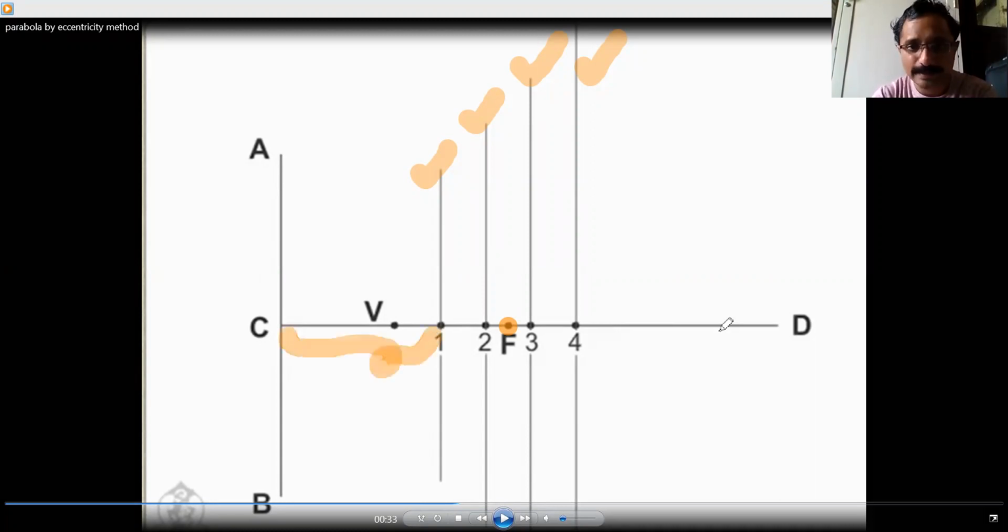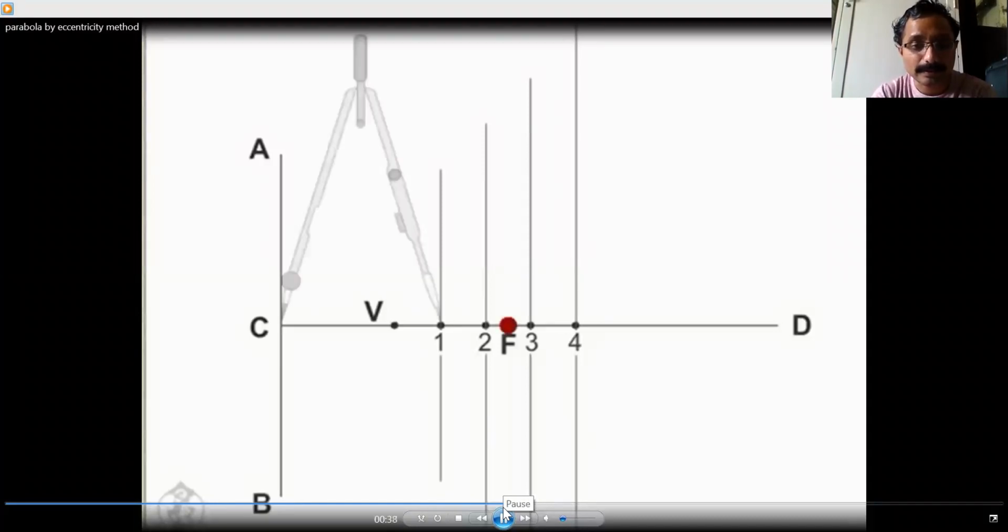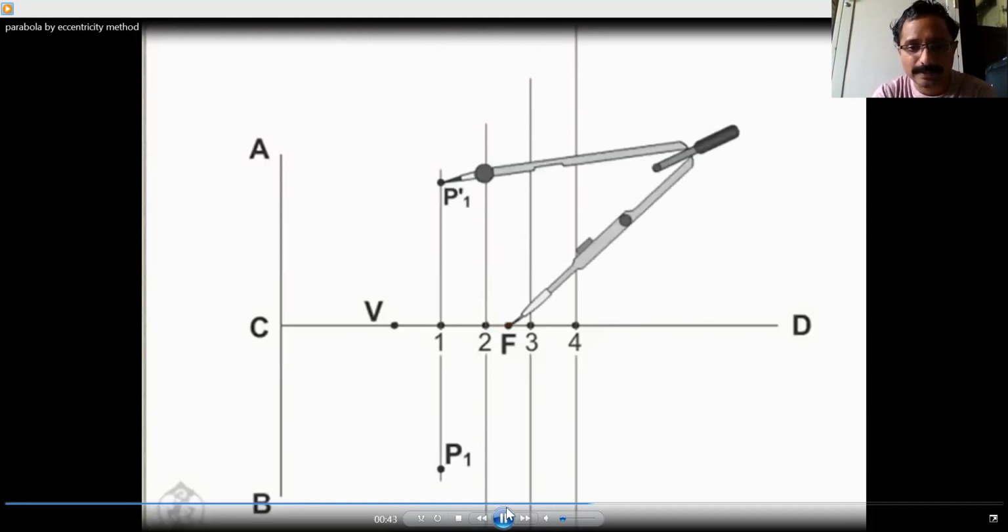So if you observe the next part, with F as center and radius equal to C1, I'm drawing an arc above the axis and below the axis.